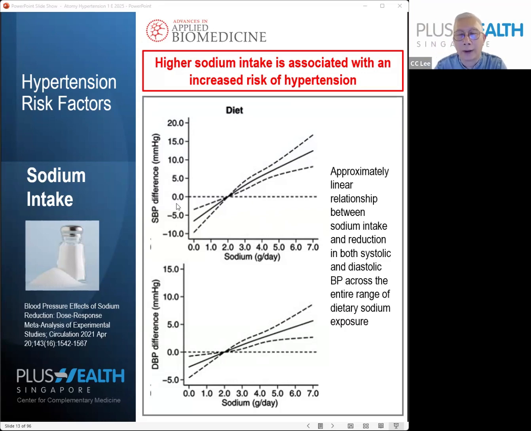You can see in this chart that both the systolic blood pressure and the diastolic blood pressure increase linearly as your sodium intake increases, right?